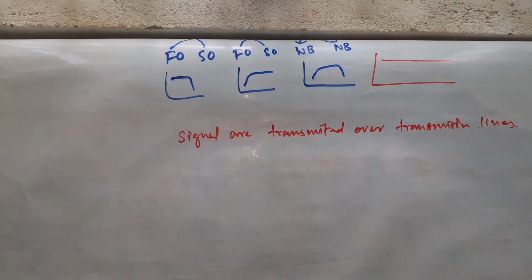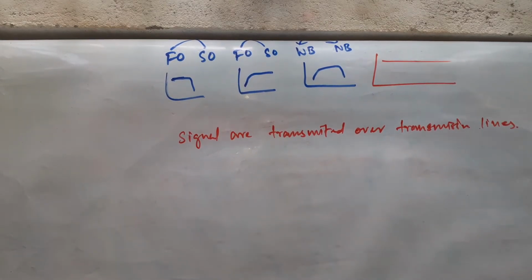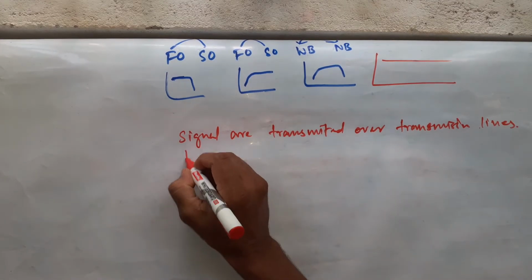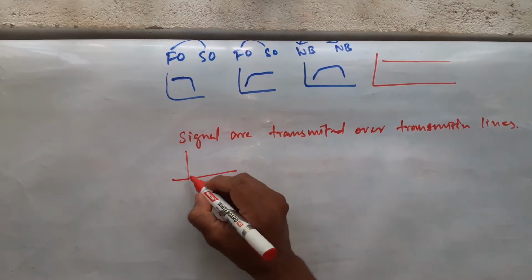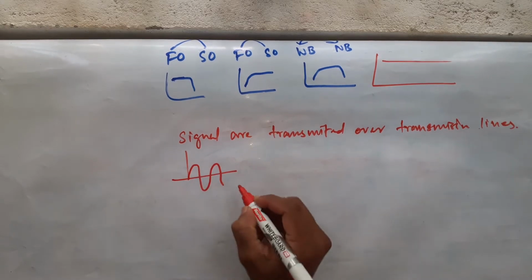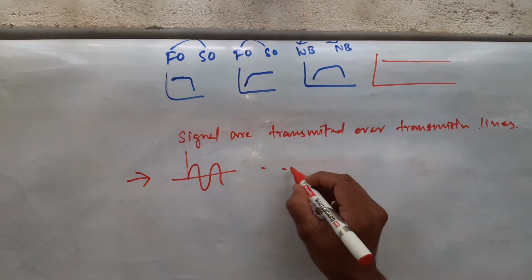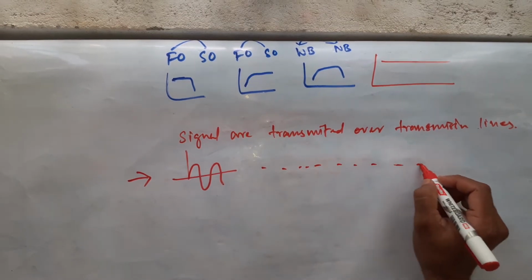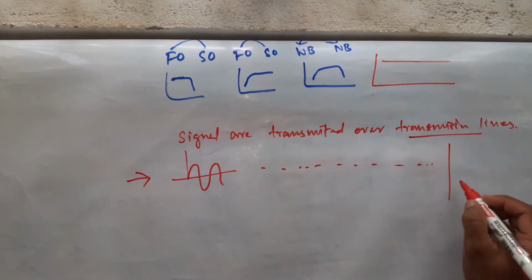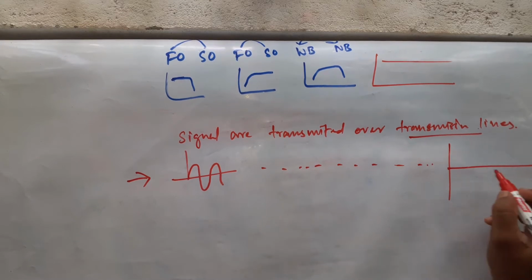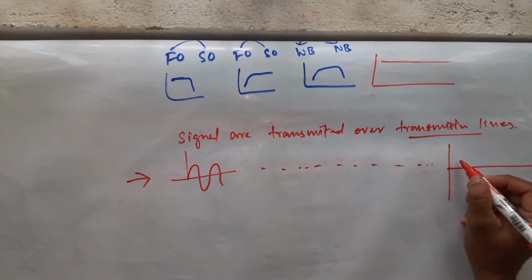Over a long distance, the signals will be transmitting over transmission lines. Now the thing is, if this is your transmitting end, sending end, after traveling a long distance through this transmission line, your signal is having the same amplitude.